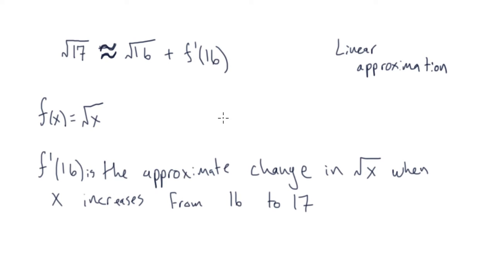And just to finish the example, we'll do that a little bit later. We'll actually compute f prime of 16 and see what it is. But for now, this is the snapshot you should have in the back of your mind. We want to know how much a function changes when the independent variable x changes by just a little bit. So our goal next is to make that more or less precise.